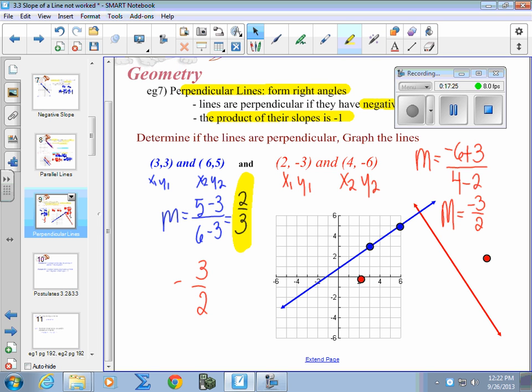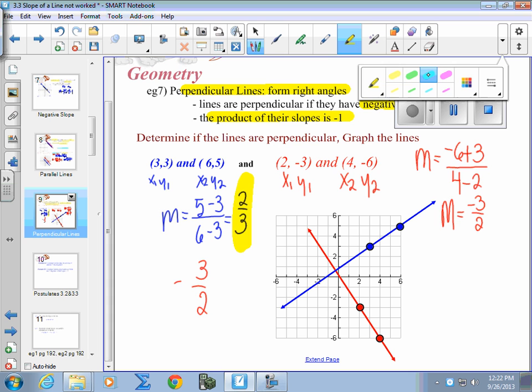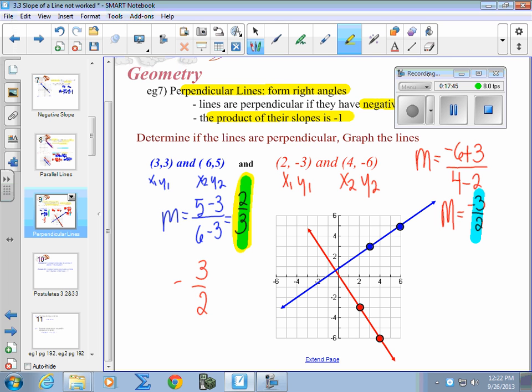We have 2 and negative 3, and we have 4 and negative 6. Because they are negative reciprocal slopes, we know that these two lines are perpendicular.